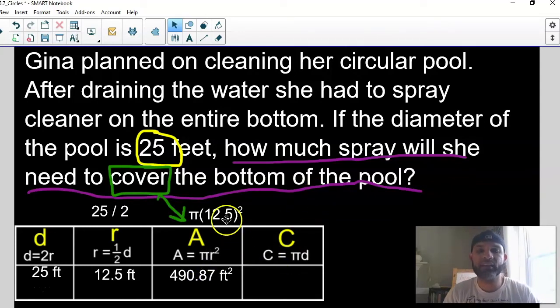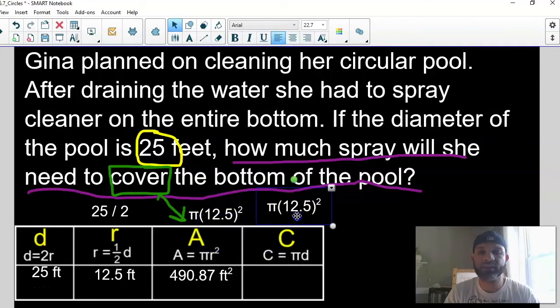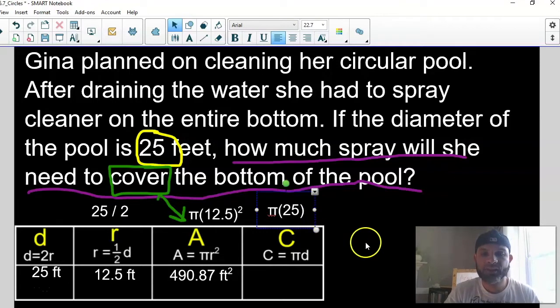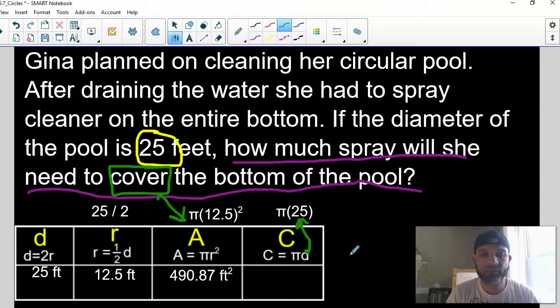And then, of course, we want to finish this off with our circumference calculation, which is just pi times the diameter. No need to square it. Again, our diameter is in that first column. Our diameter is 25. So if you're not sure where that came from, remember the diameter is what we're substituting in for the circumference formula.